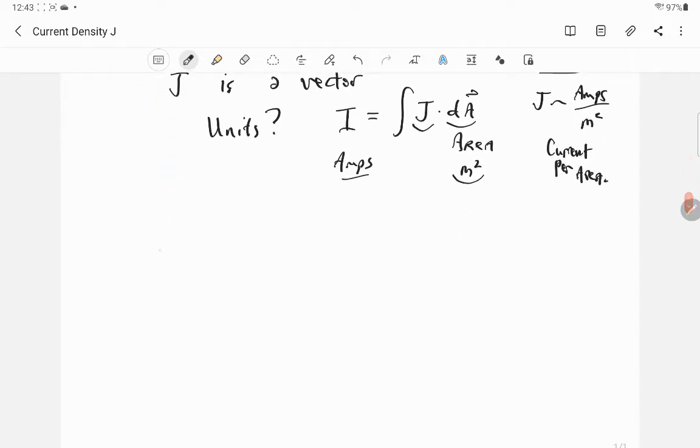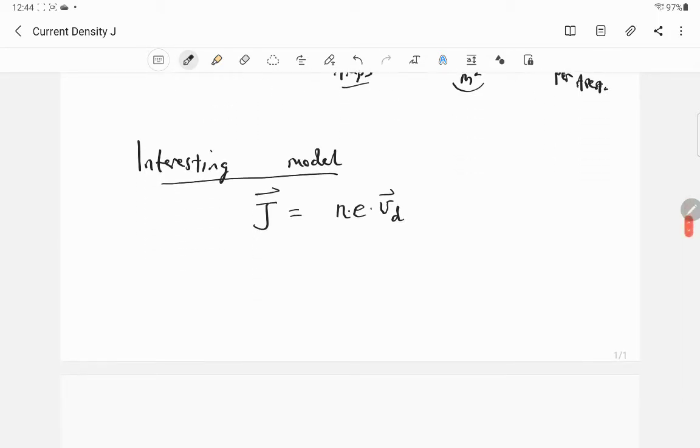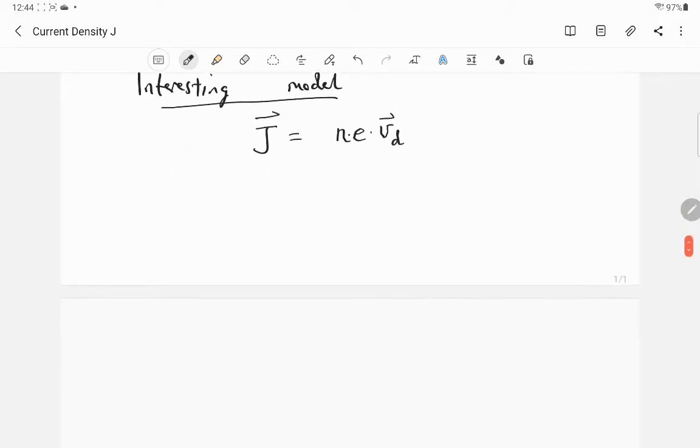So an interesting thing to do is to try to model J this way. This is a typical model. It says to take something called N, multiply by something called E, and then multiply by something called V sub D. Let me tell you what each of these things is.